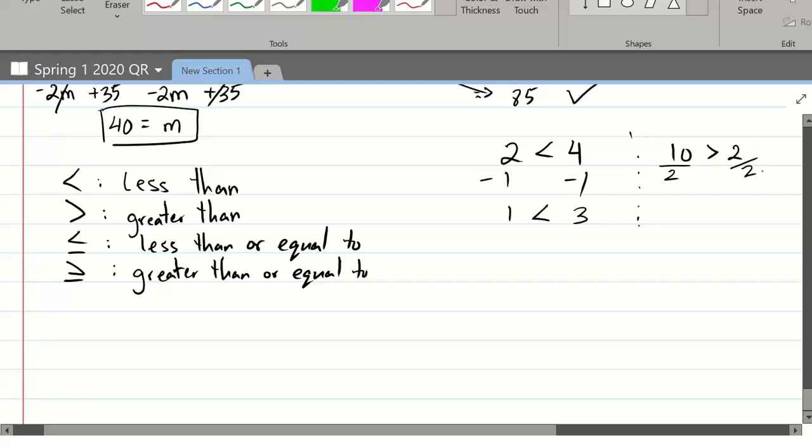Remember, if you do it on one side, you have to do the same thing on the other side, right? 10 divided by 2 is 5, 2 divided by 2 is 1, 5 is still greater than 1, right? So that's how we know that if you do any operations involving multiplying or dividing positive numbers, the symbol stays the same, and if you do any operations like adding or subtracting, again the symbols stay the same; they don't change.